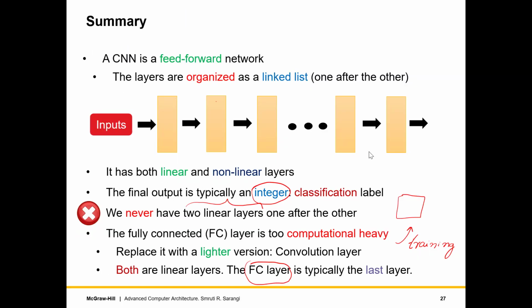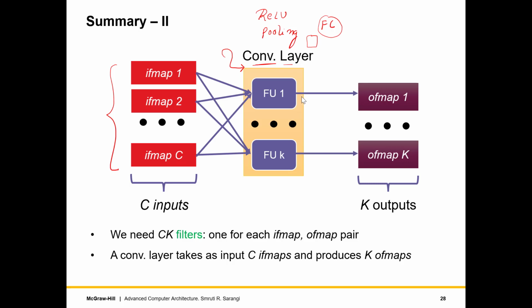So, we can say that for an FU, let's say if it's the ith IF map and if it is the jth output map, then we will use the ijth filter. So for every input IF map and OF map pair, we'll have a unique filter or a unique kernel.